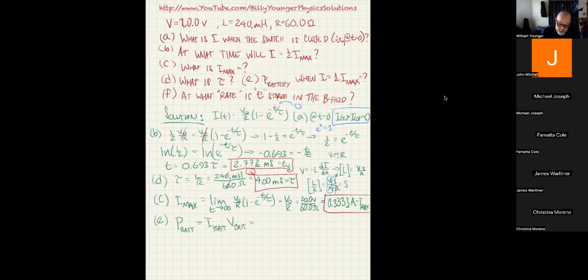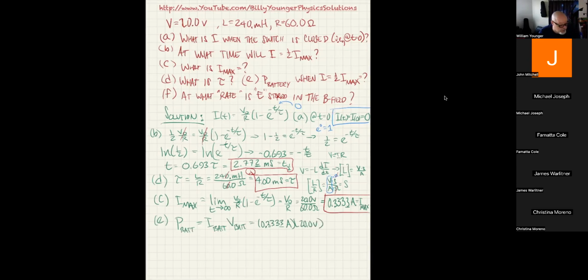In this case, we know the current is 0.333 amps. So I'm going to put 0.3333 amps times the voltage, which as we know is 20.0 volts.